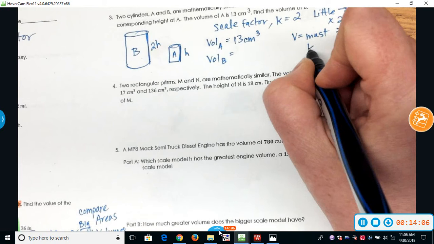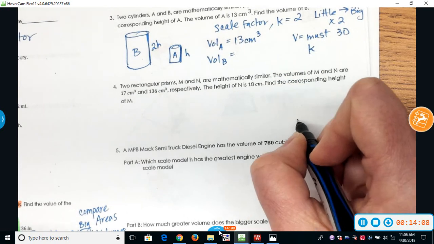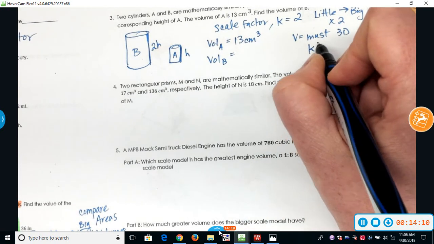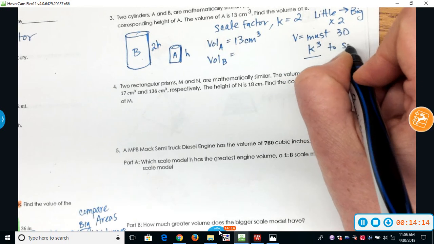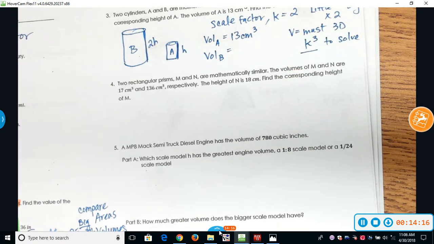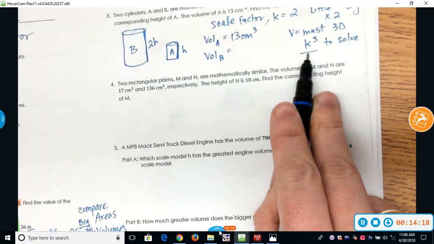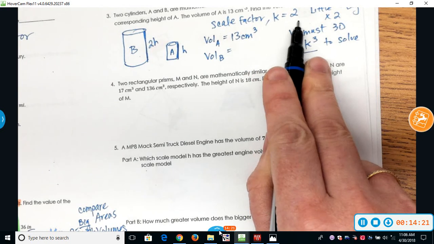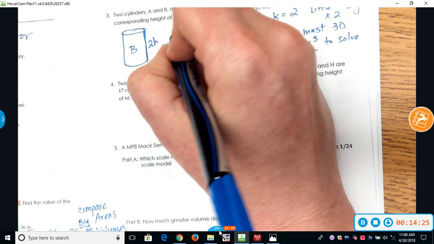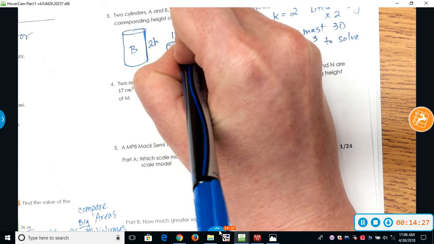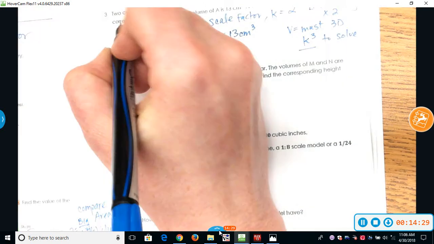So I don't want to use K, because that would be wrong. I need to use K cubed to solve. All right? So I know my K is 2. It's going from little to big. I have my little volume, 13 centimeters cubed. I want this volume. How much does that hold?